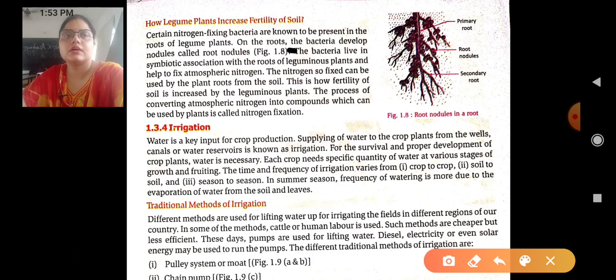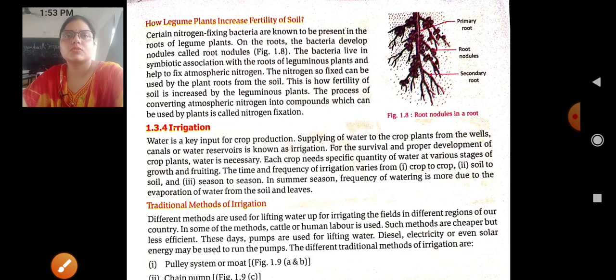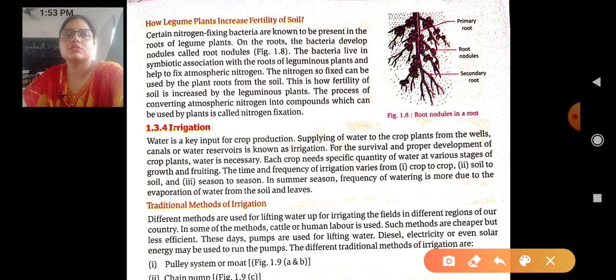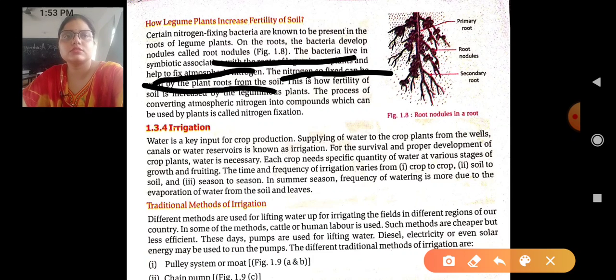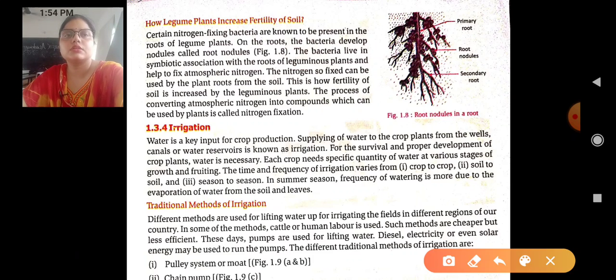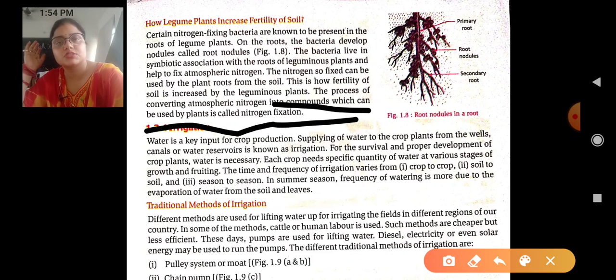The bacteria live in the root nodules in symbiotic association with the roots of the leguminous plant and help to fix atmospheric nitrogen, which can then be used by the plant roots from the soil. This is how the fertility of the soil is increased by leguminous plants. The process of converting atmospheric nitrogen into compounds which can be used by plants is called nitrogen fixation.